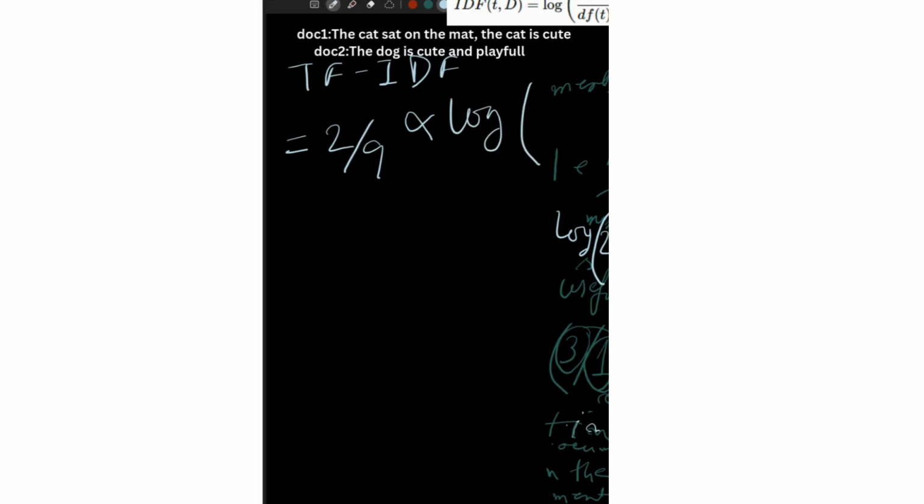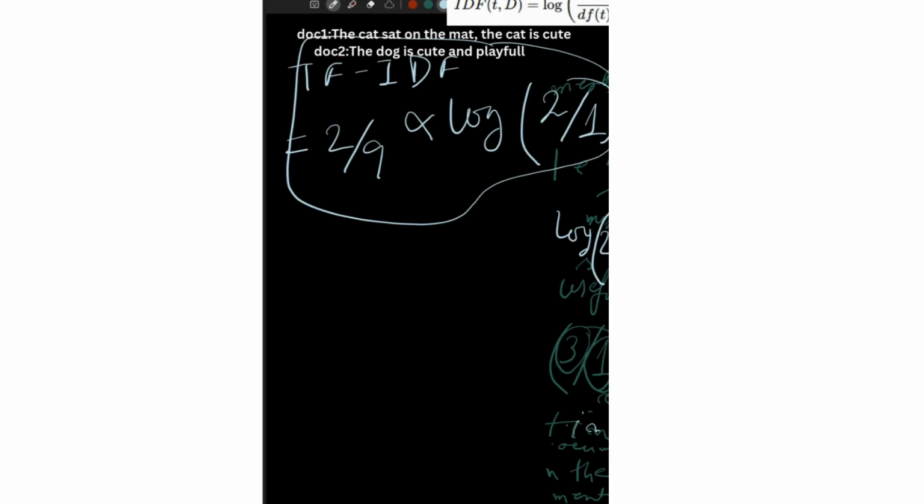So the Tf-Idf value is: we have already seen Tf is 2 by 9, and the IDF is log of the total number of documents n, which is 2, divided by the number of documents where cat appears, which is once. So this value is Tf-Idf, right? This is the most basic and very simple explanation of Tf-Idf.